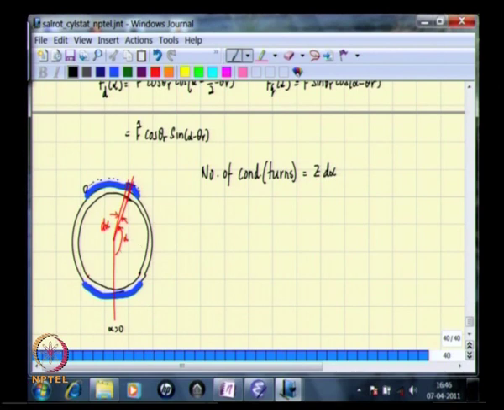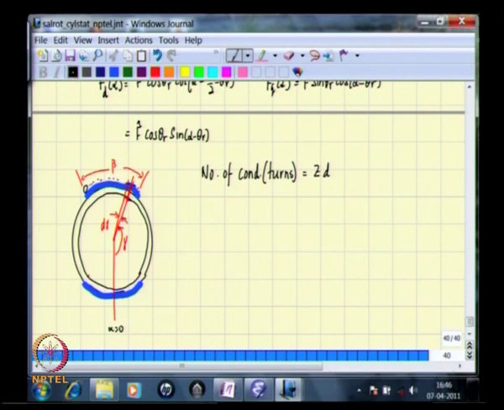So, on second thoughts, let us call this angle not as alpha, we will call it as beta, or we will call it as gamma. Beta means something else for us. So, let me call this as gamma. Okay. Beta is the phase spread, this angular separation is beta.